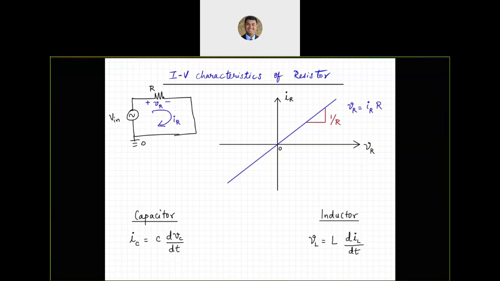So two derivatives are involved for the capacitor and inductor for their IV characteristic. So these are the components that we have been looking at so far. The diode is going to be different. It's not going to be as straightforward. In fact, it's going to be a little bit of a challenge to write the current voltage characteristic in a mathematical form.